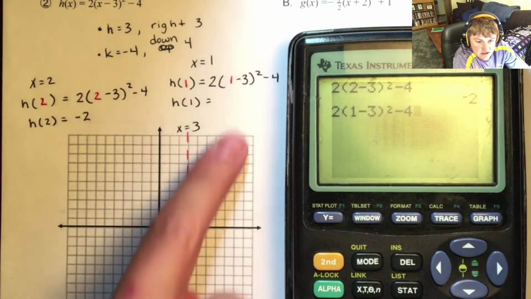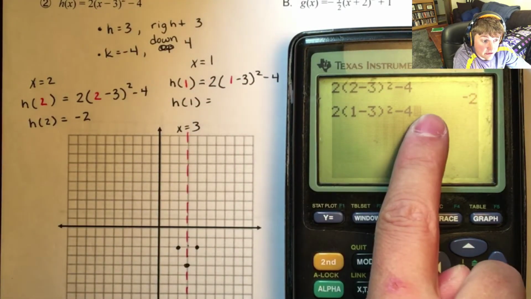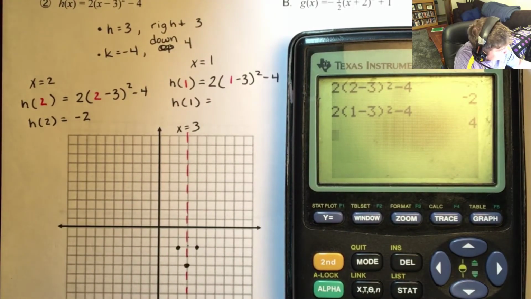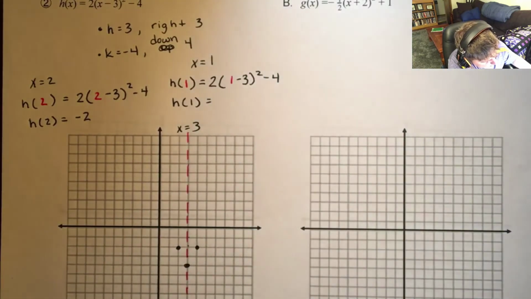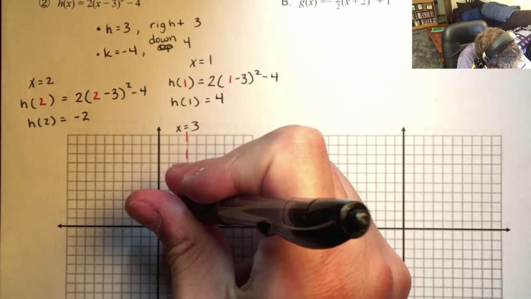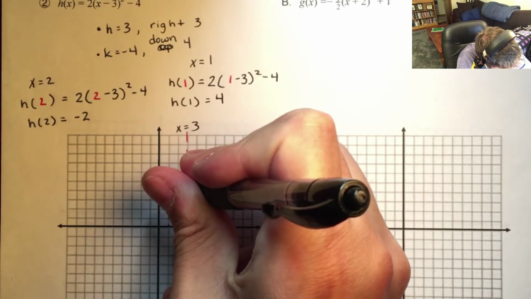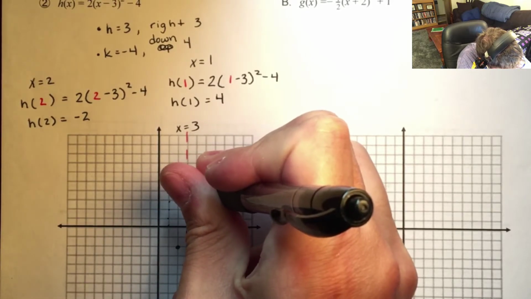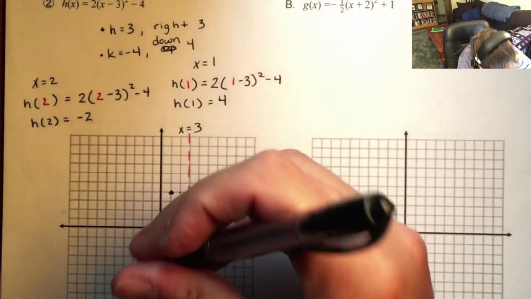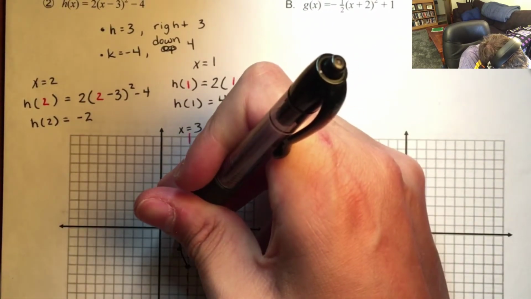Again, see how this right side is written the exact same way on my calculator as it is on my paper, to get 4. So I now have the ordered pair (1, 4). It takes 2 units to get to my line, and it takes 2 units to get away from my line. Okay, so this is my graph here. It's a parabola, and it is a little bit narrower than any of the other ones that we've had.